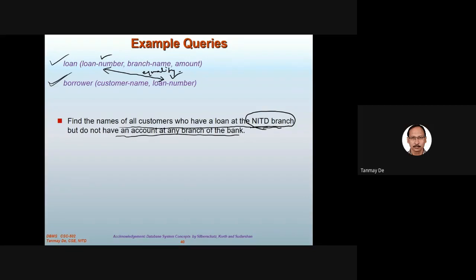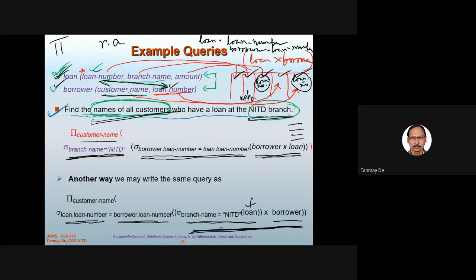First, you can see the previous query. What is there? This query finds the list of customers who have a loan at the NIT Durgapur branch. That is, this result is the loans at the NIT Durgapur branch.